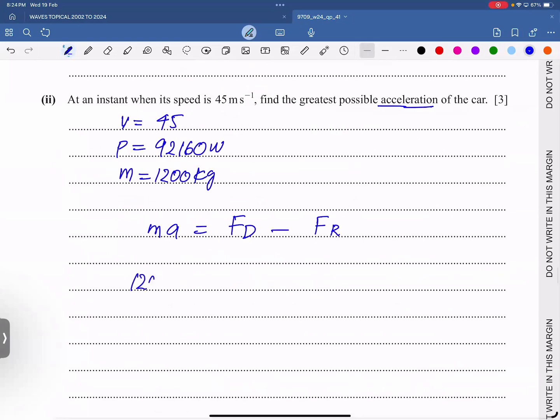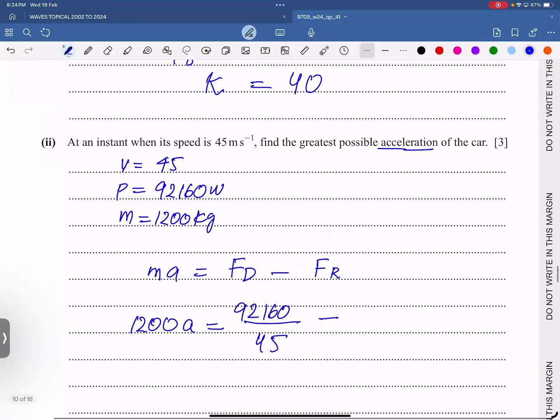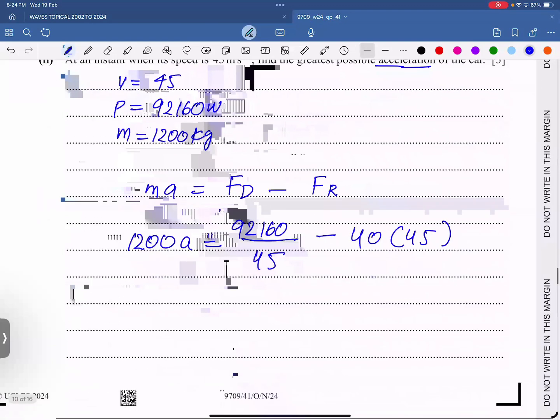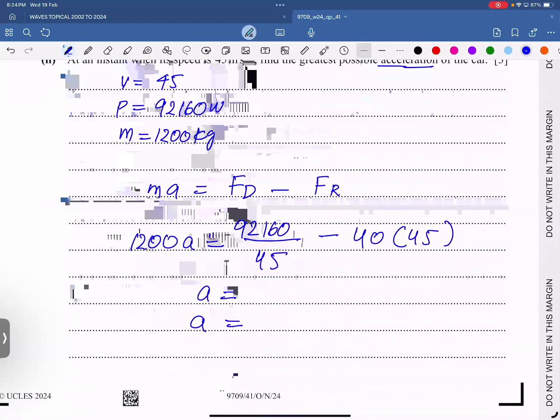M is 1,200. Acceleration we don't know. Driving force is power divided by speed, which you have, 45. Resistive force is kV. K we found, which is 40. V is 45. You can just rearrange the equation and get the acceleration. 31 over 150. Now you can give me 3 significant figures.